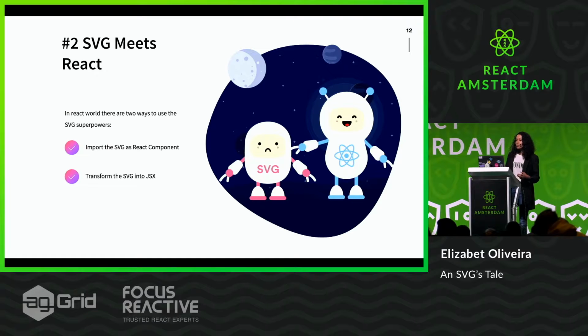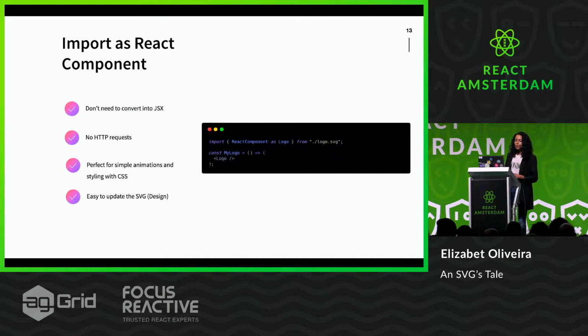In the React world, we can use the superpowers of the SVG in 2 different ways. The first one is to import the SVG as a React component, and the second one is to transform the SVG into JSX. The first one, importing as a React component, is very straightforward.